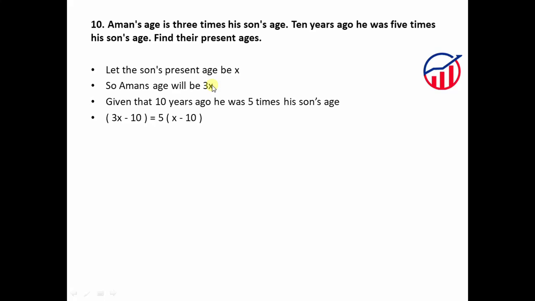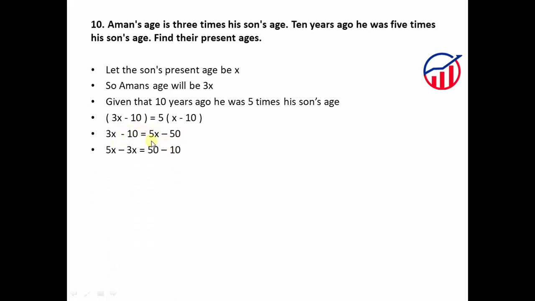So how are you going to express it? What is the man's age? 3x. 10 years ago means we'll have to reduce by 10. 3x minus 10 is equal to, he will be what? 5 times his son's age. So 5 into x minus 10. So 3x minus 10 is 5x minus 50.